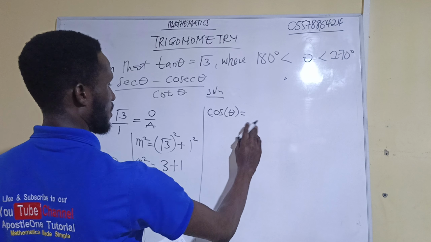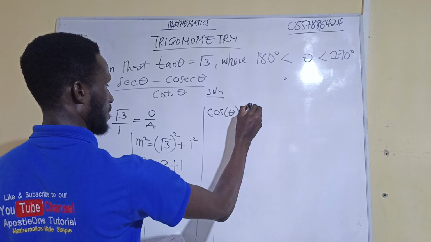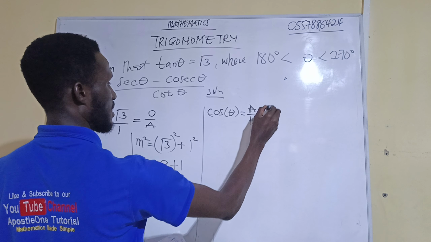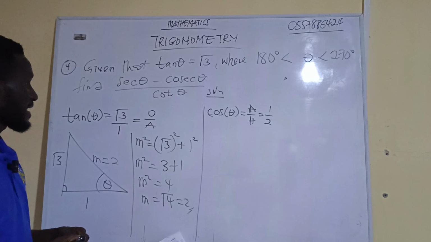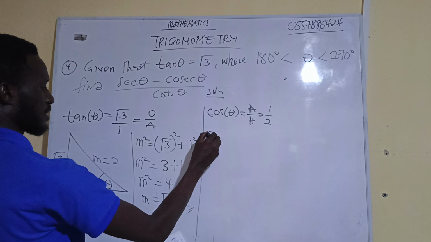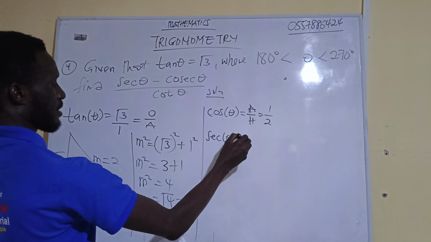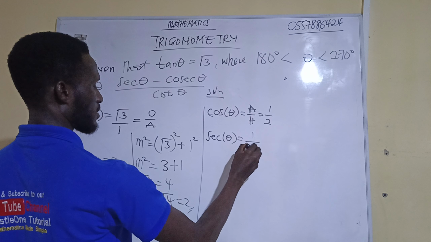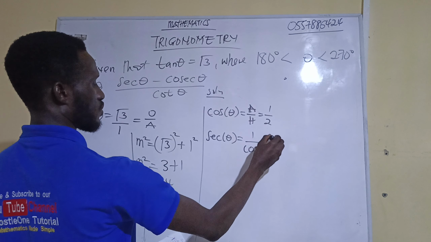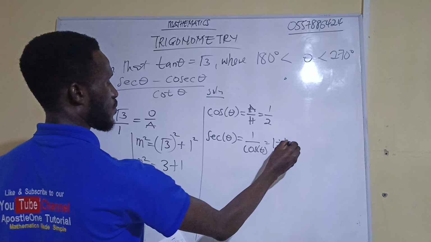Okay, let me write. Cos is adjacent over hypotenuse. Adjacent is 1. Hypotenuse is 2. Now let's find sec. Don't forget that the sec is the same as 1 over cos. So 1 divided by 1 over 2, we are going to get 2.